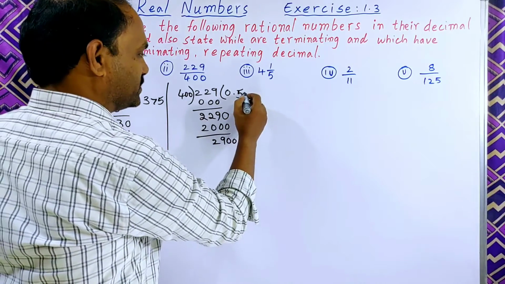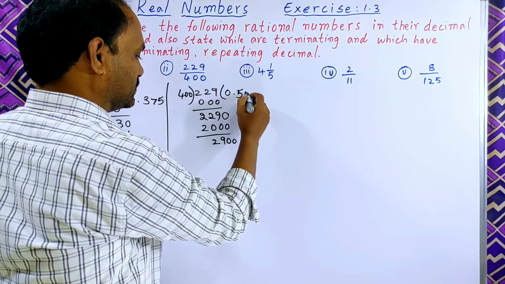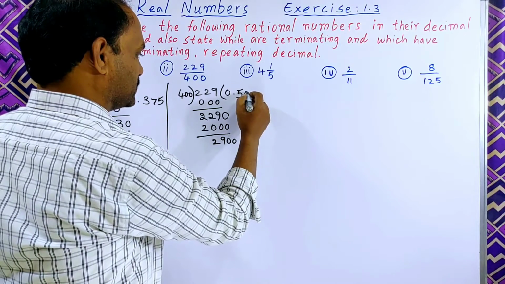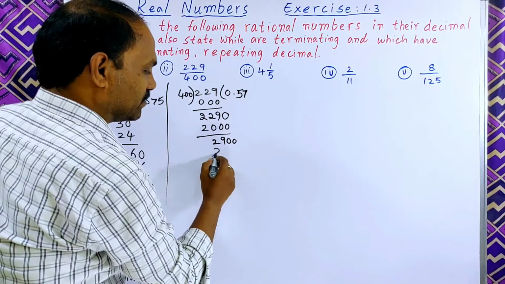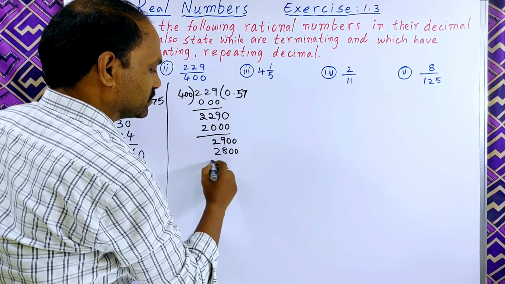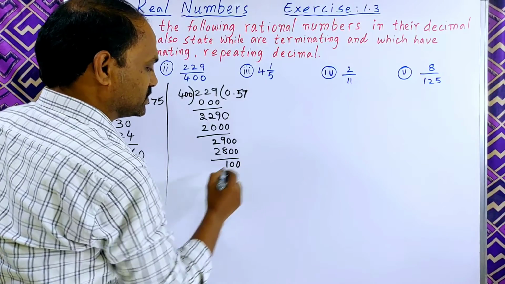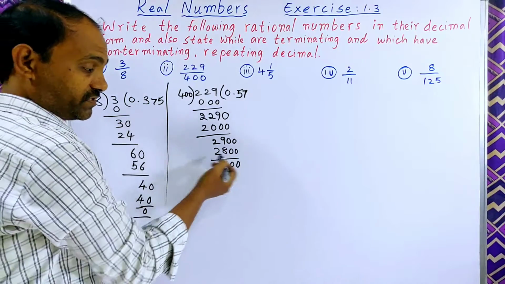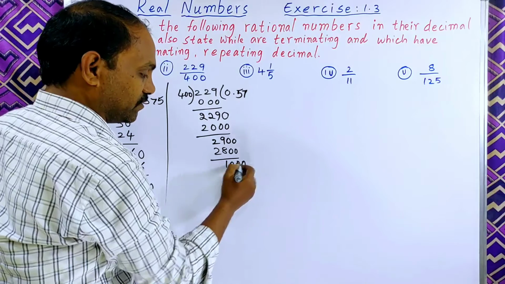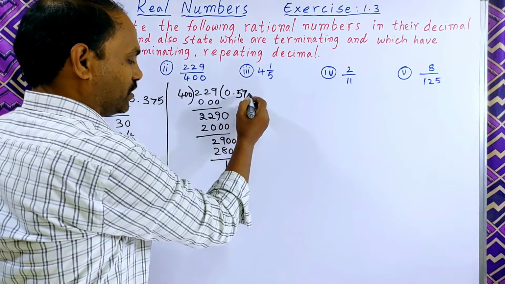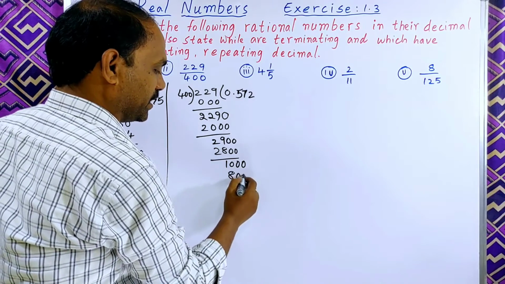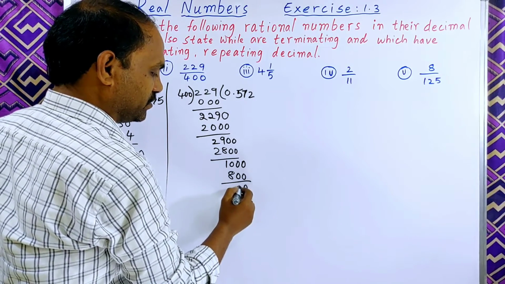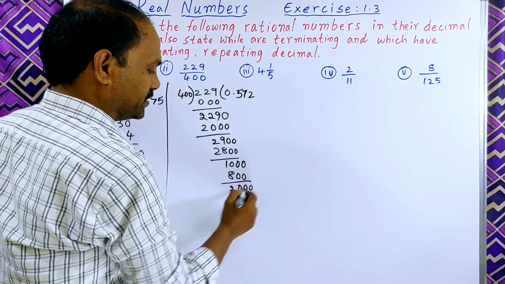Again 4 5s, then 4 6s, then 4 7s are 28. 2 zeros, 1 0 0. When you subtract, again 1 0. Then 4 2s are 8, 800, again 0 0.